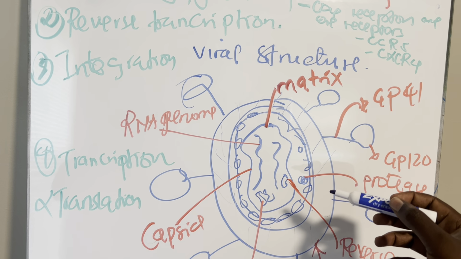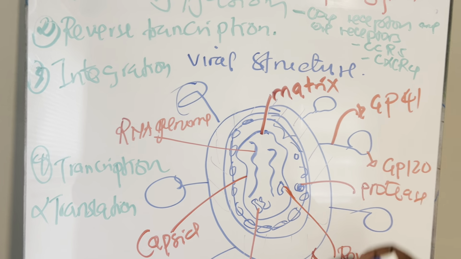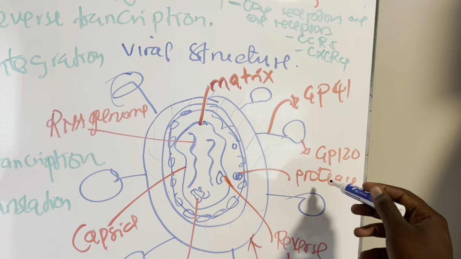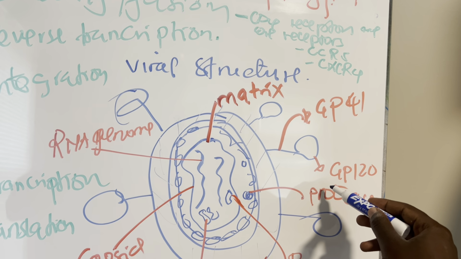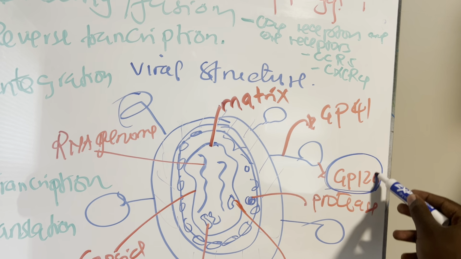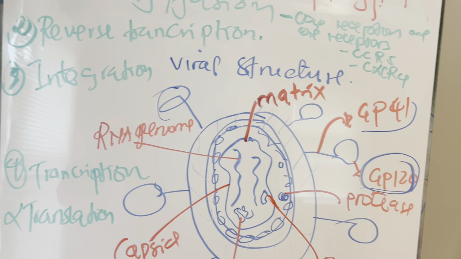This is the outer membrane, and on the outer membrane there are two proteins. The first one is GP120, which is very important, and also GP41.